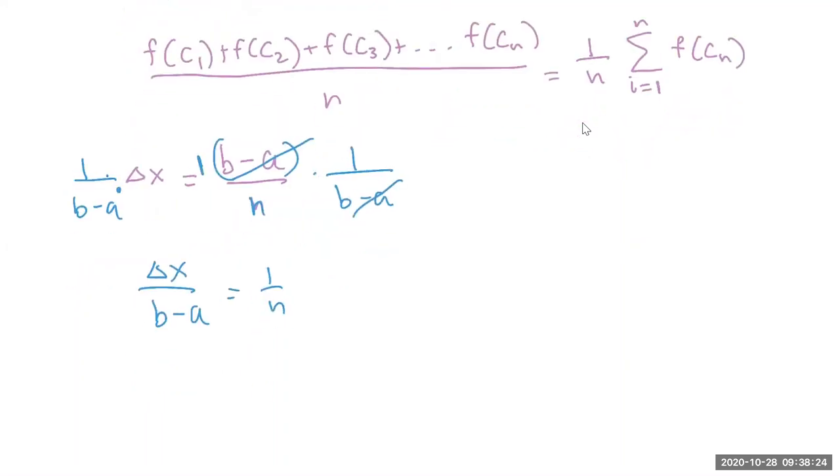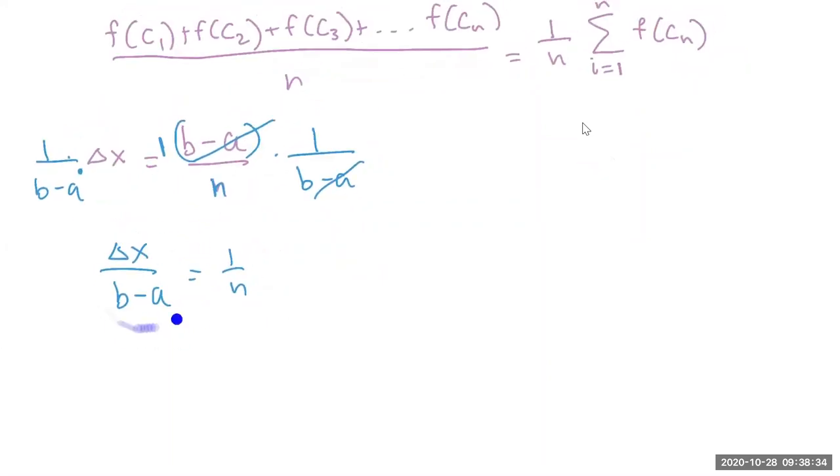So 1 over n is equal to change of x over b minus a. So I'm going to do a substitution here, so that I have change of x over b minus a replacing 1 over n, and then the sum from i equals 1 to n of f of c sub n.